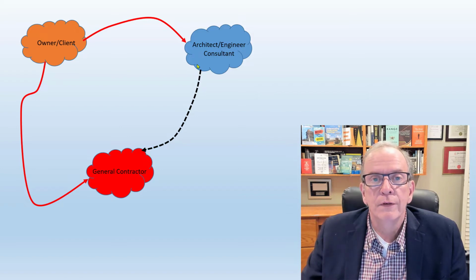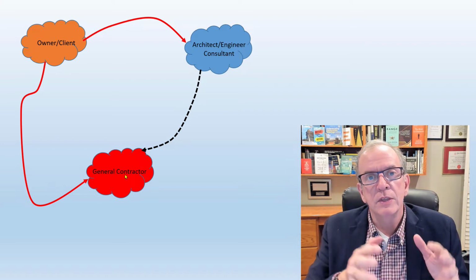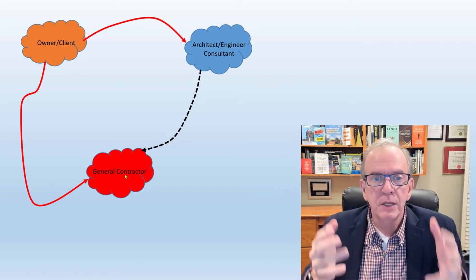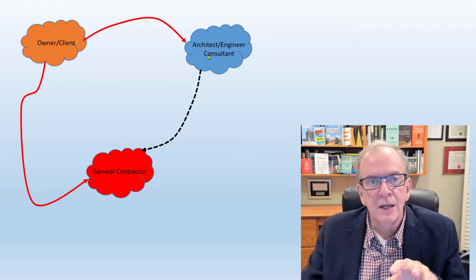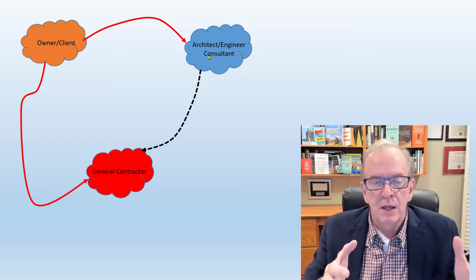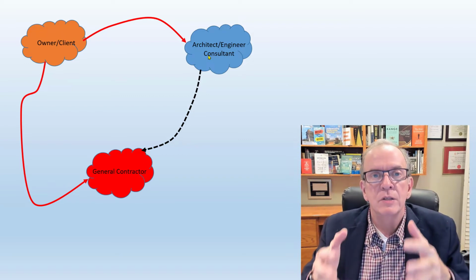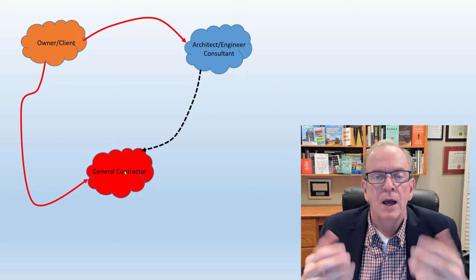They are also certifying typically progress draws. Progress draws are when the general contractor puts a billing in to say we've done this much work and it's now complete. The architect consultant is looking at that work and checking it to make sure that the value of the work that's being done, has been done, matches essentially the progress draw amount. In other words, the contractor is not trying to draw out more money ahead of time.